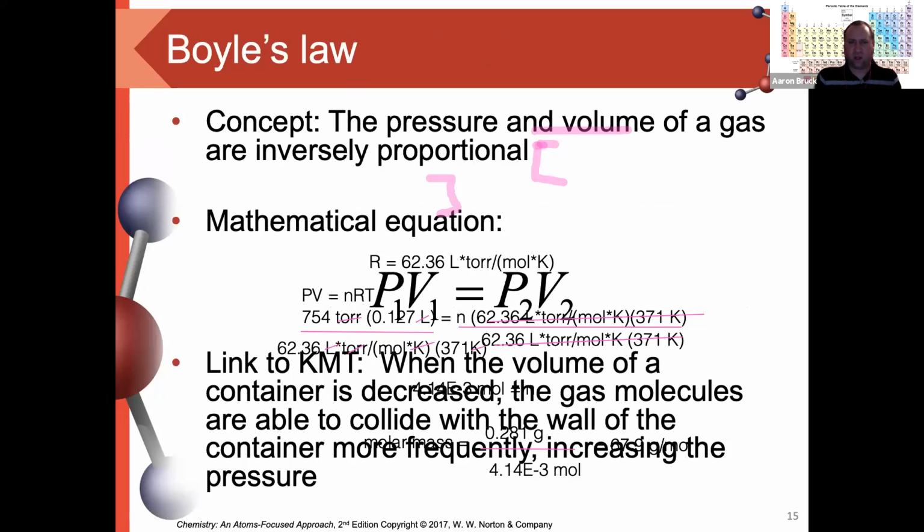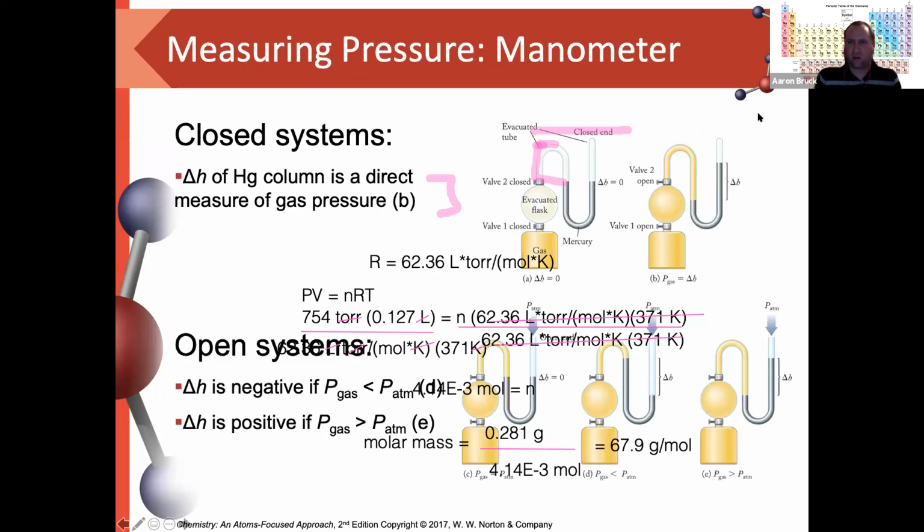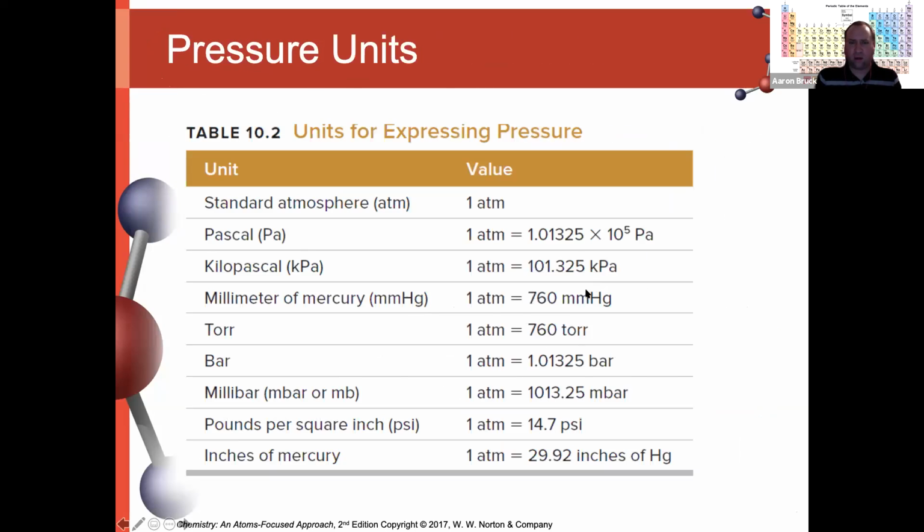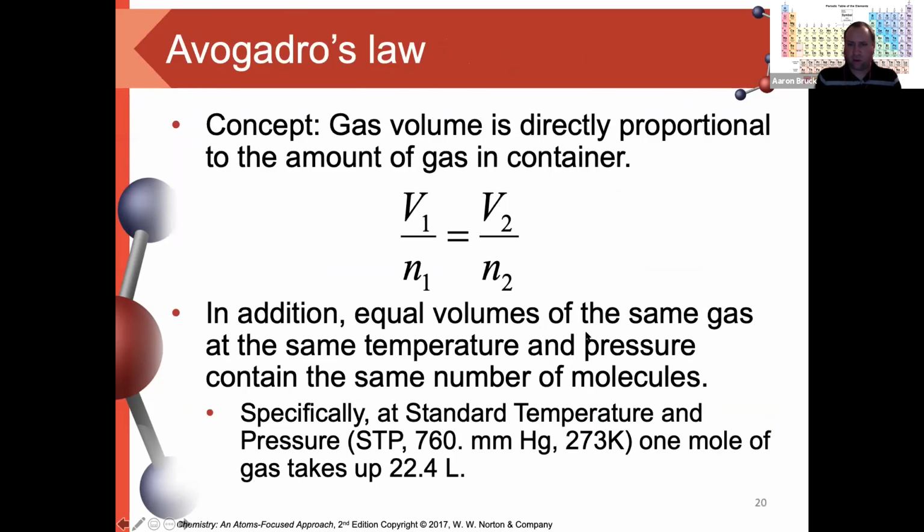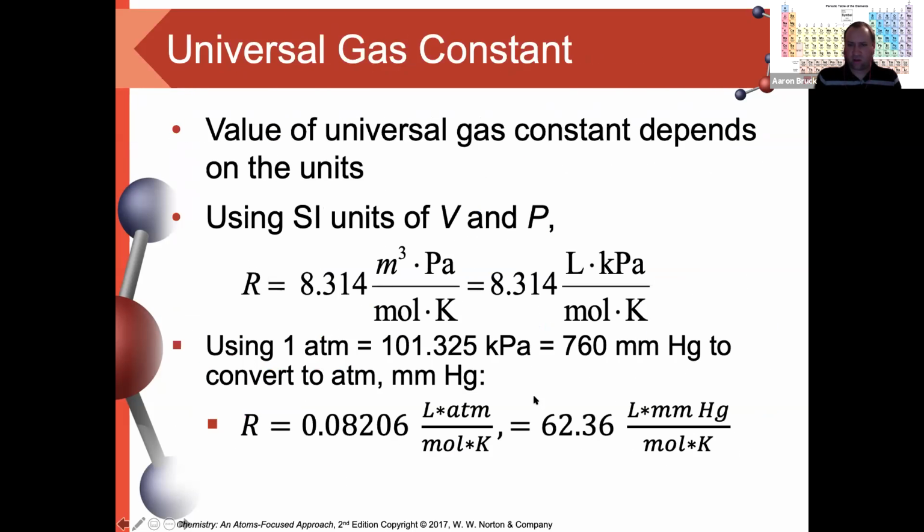And the reason why, take you all the way back here: millimeters of mercury and torr are the same thing. So when we look at our unit of R, we can easily say that this is the same value for torr as it was for millimeters of mercury.